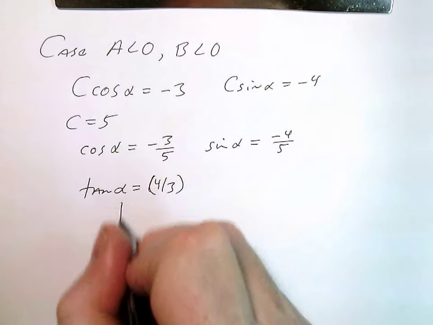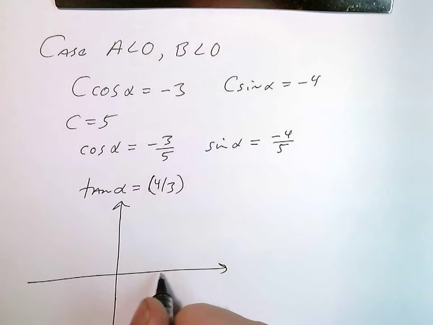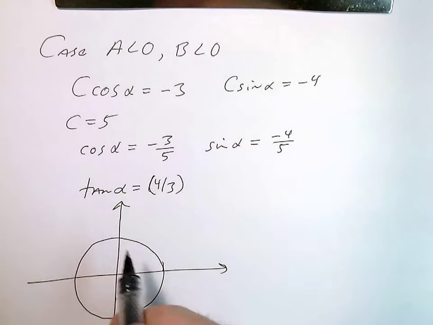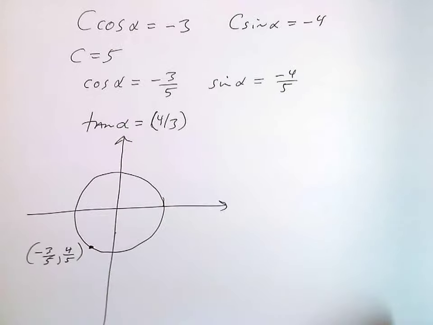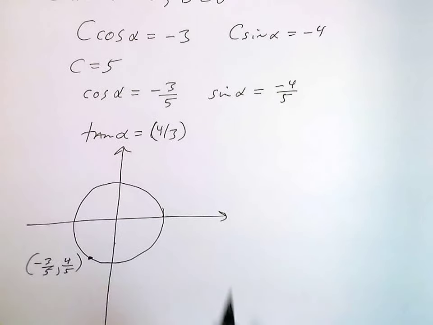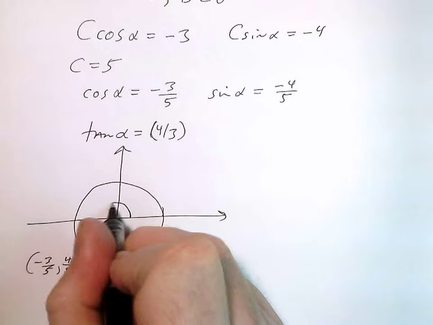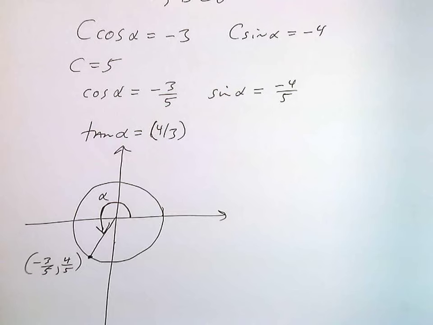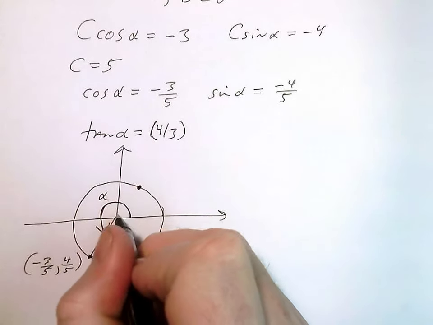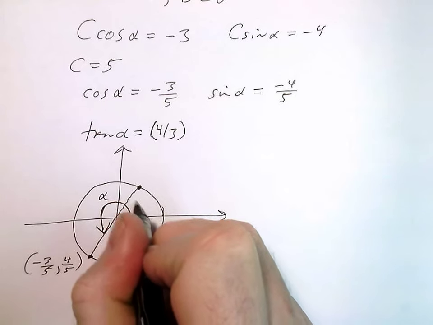If I think about the unit circle again, I'm on the unit circle here, and now I'm over at this point here, negative 3/5, negative 4/5. And so my alpha here is going to be like so. From here all the way there, that's alpha. But my arctangent here is actually going to be this angle from here to here.